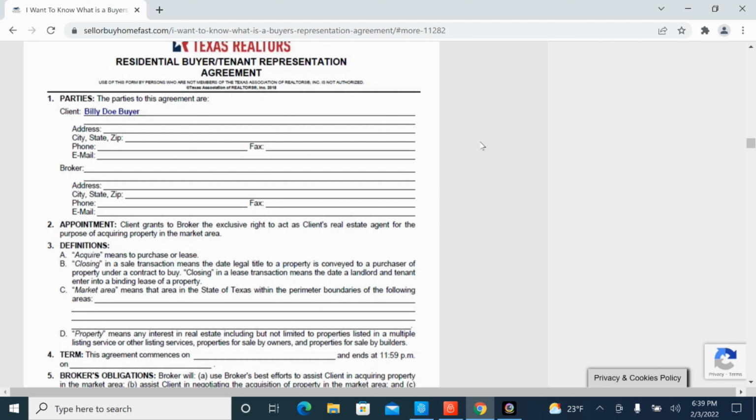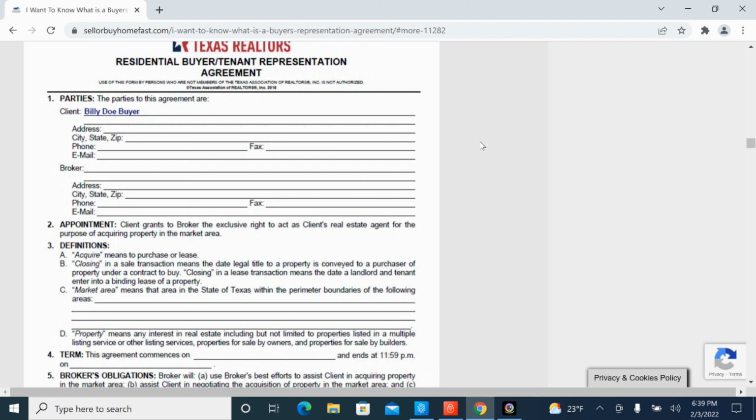Now, basically what this agreement means is that you are deciding to utilize the particular realtor's services. So you are making that realtor your exclusive realtor to find you deals, find you properties in reference to what you're trying to find and buy.